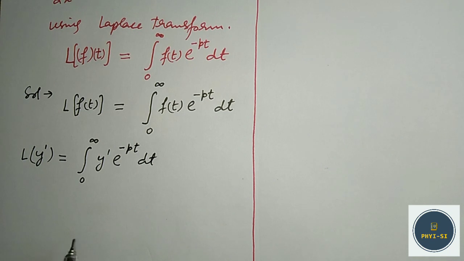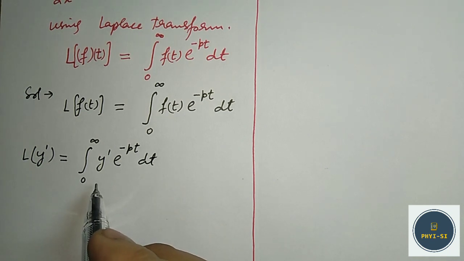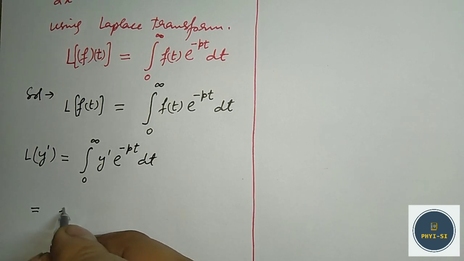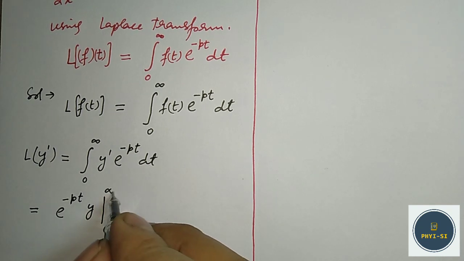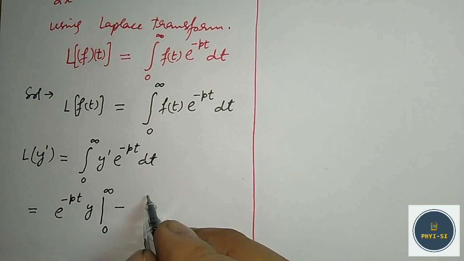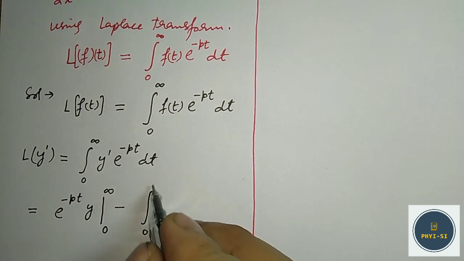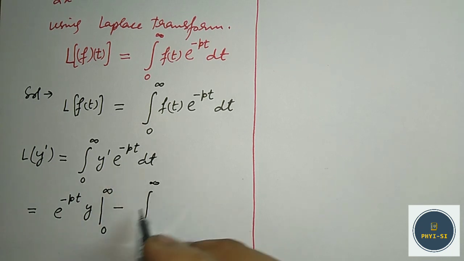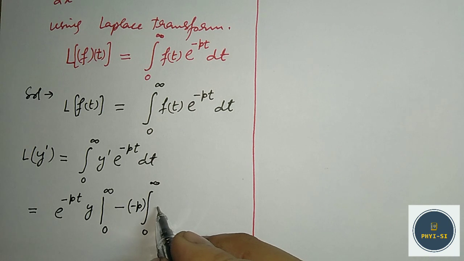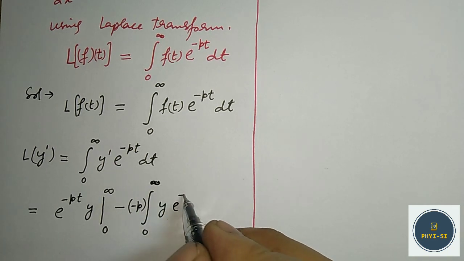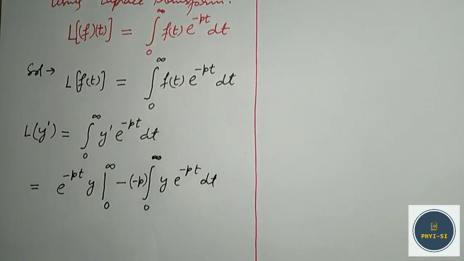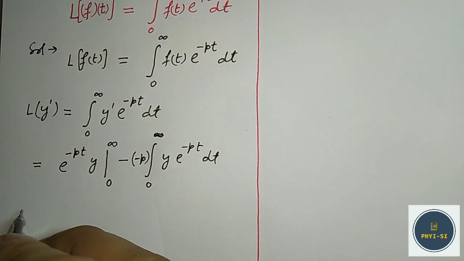Now I will apply integration by parts. It will be equal to e raised to power minus pt times y, with limit 0 to infinity, and then minus the integral of the differentiation of e raised to power minus pt, which comes out as minus p, times the integration of y dash, which becomes y, times e raised to power minus pt, dt.